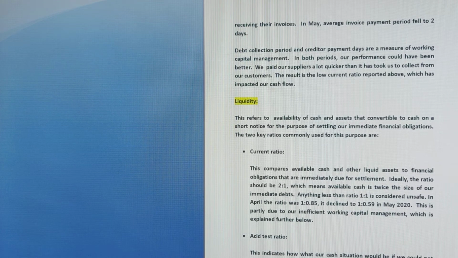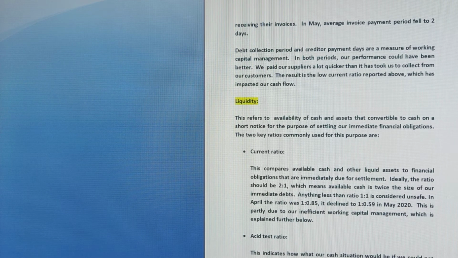Now, debt collection period and creditor payment days are a measure of working capital management. In both periods, our performance could have been better. We paid our suppliers a lot quicker than it took us to collect from our customers. The result is the low current ratio reported above, which has impacted our cash flow.